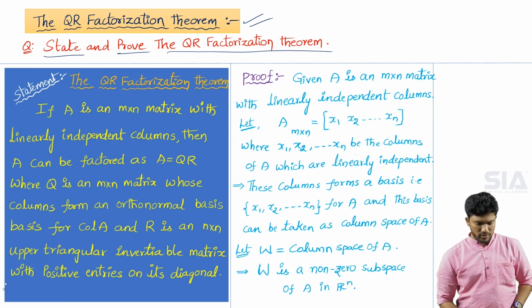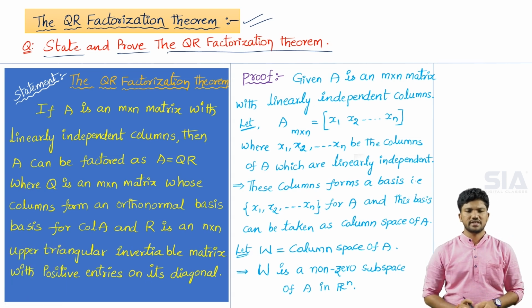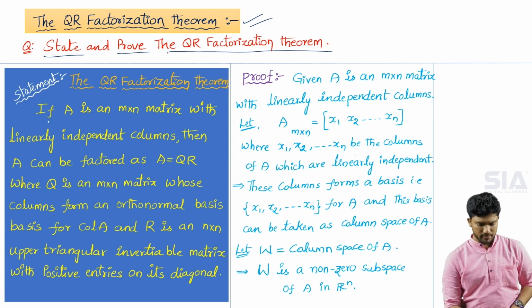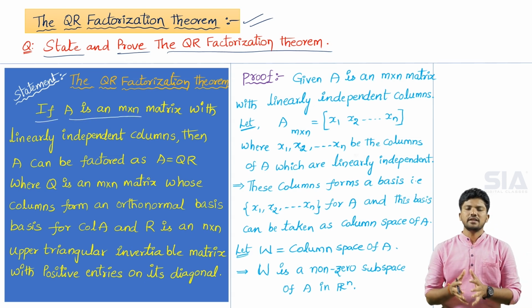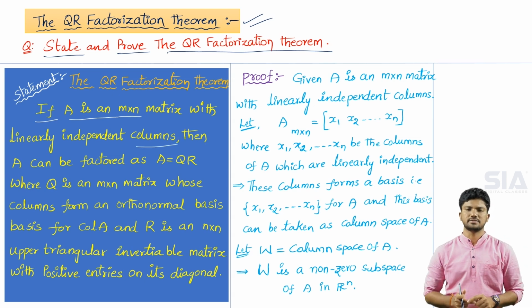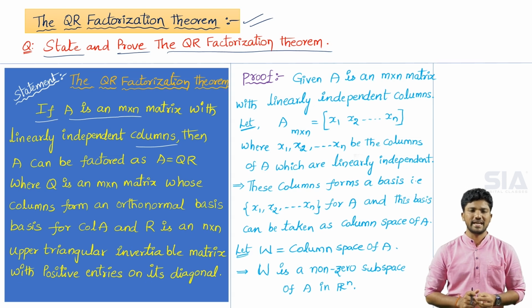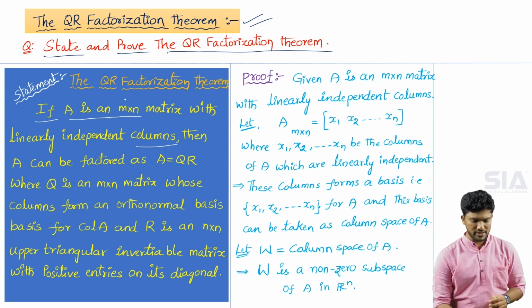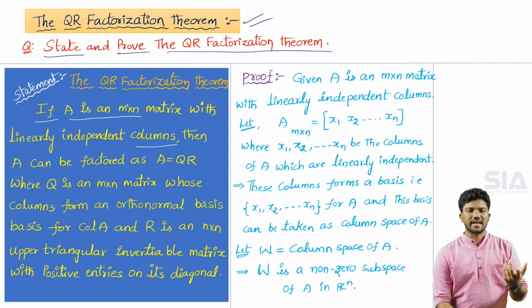So first of all, we are going to discuss the statement of the QR factorization theorem. If capital A is an m by n matrix with linearly independent columns. M by n means it is a rectangular matrix.